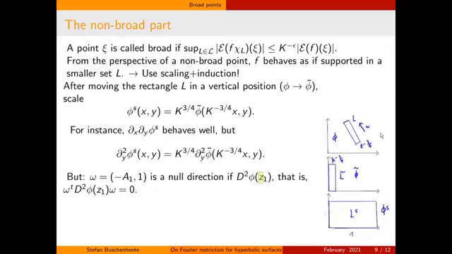But now remember, on L, A of Z is almost A1 up to a certain error. So you can see that if you change Z1 to Z here, and Z is in L, then you get this quantity as, maybe not 0, but less than k to the minus 3/4. And this is nothing but the second order derivative of phi in direction of omega.